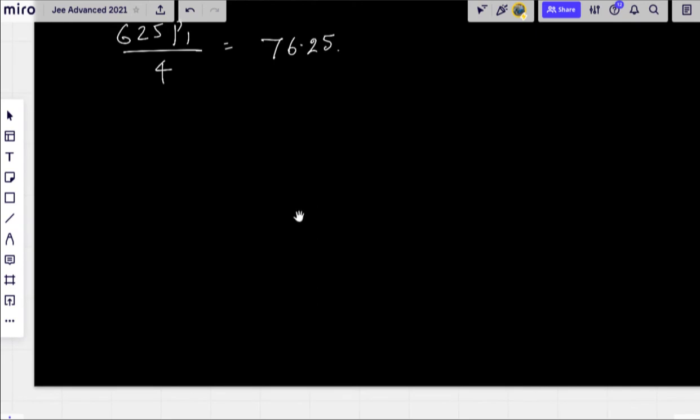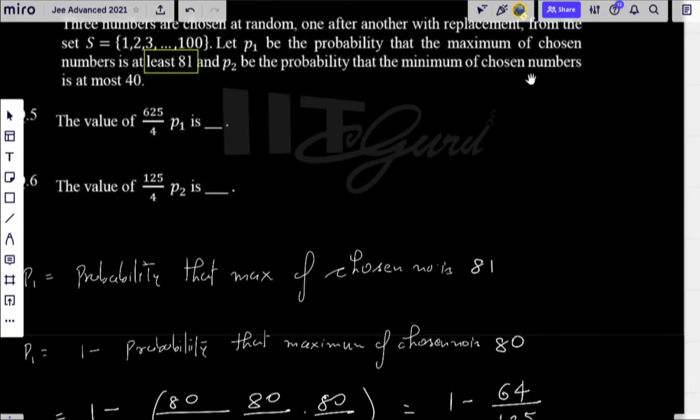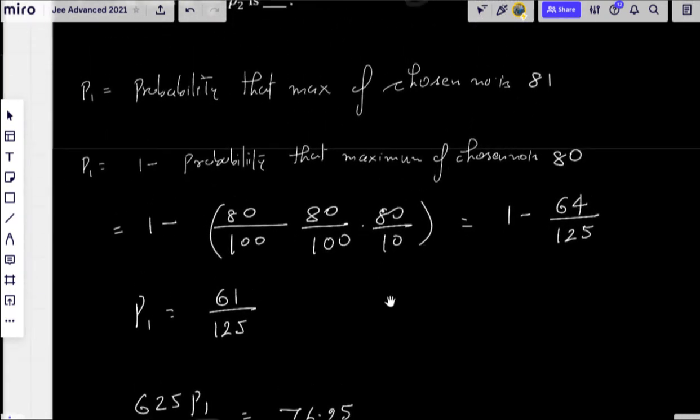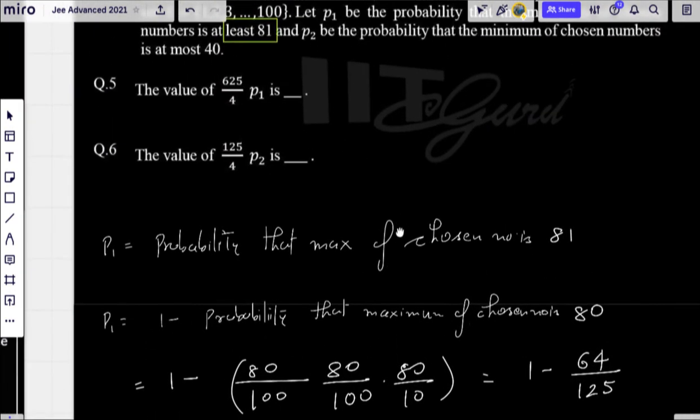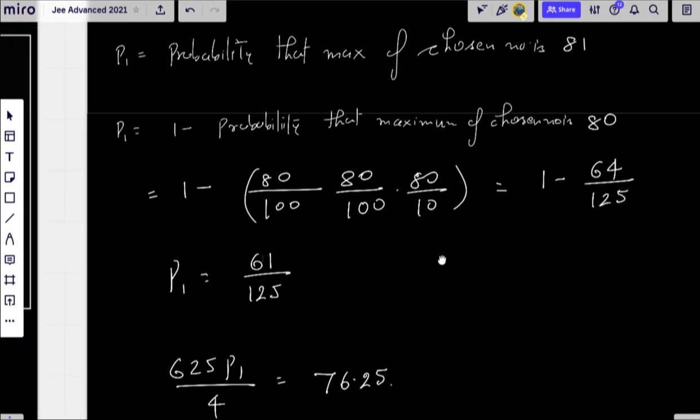So P2 is the probability that the minimum number of chosen is at most 40, right? So the same idea we will go for at least 41.